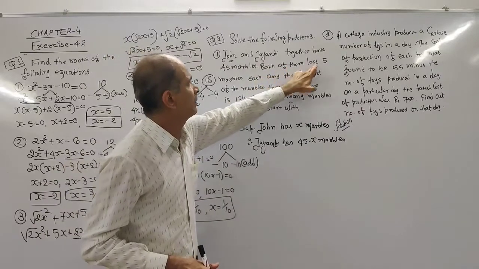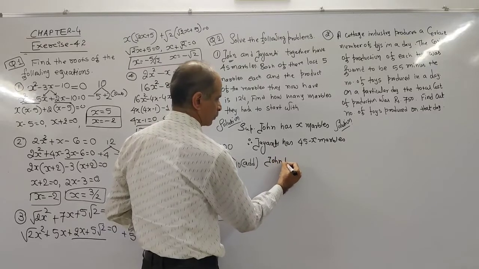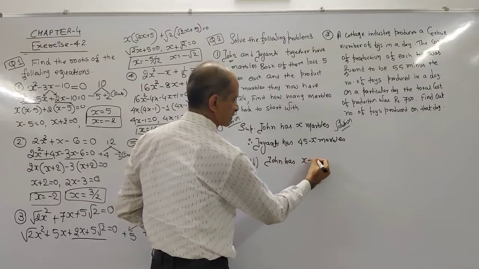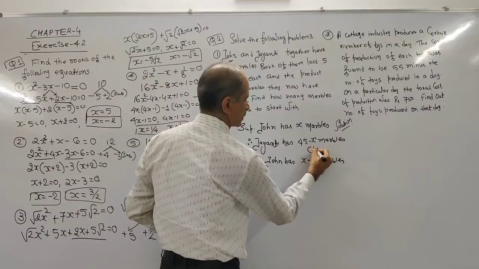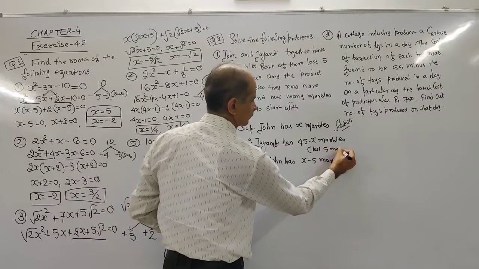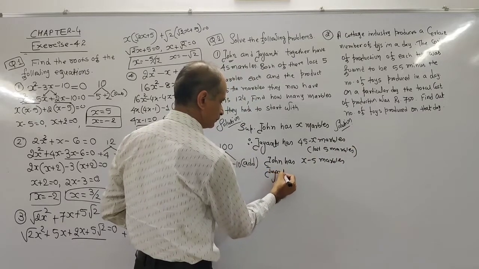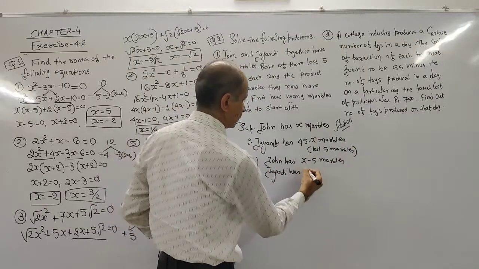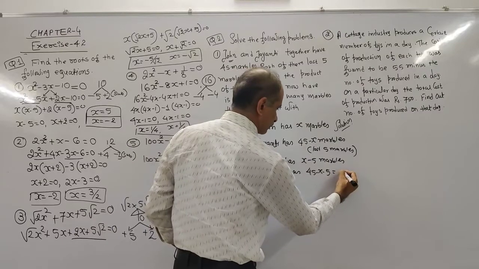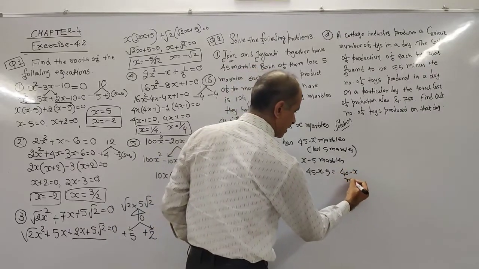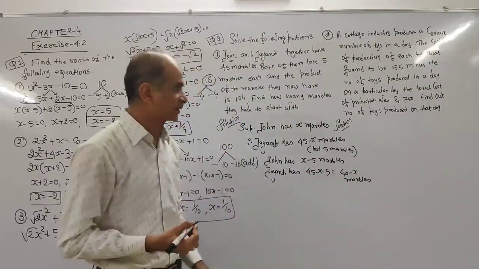Now both of them lost 5 marbles. Therefore, John has x minus 5 marbles because he lost 5 marbles. That's why Jayanti has 45 minus x minus 5 is equal to 40 minus x marbles. 45 minus 5 becomes 40, and minus x.